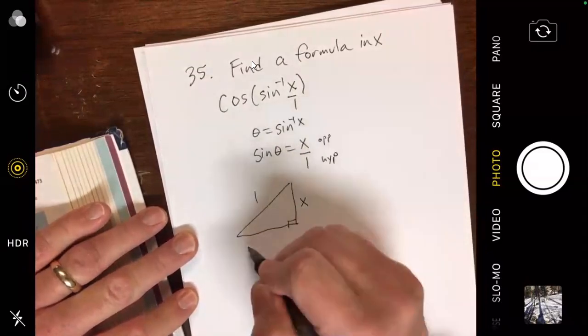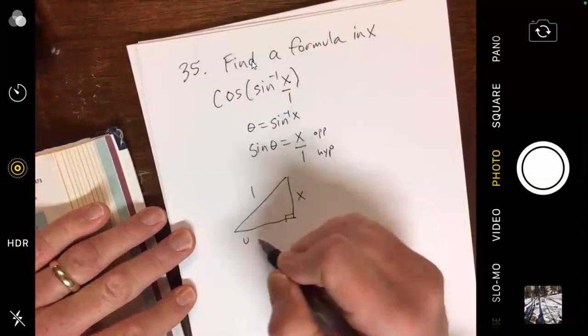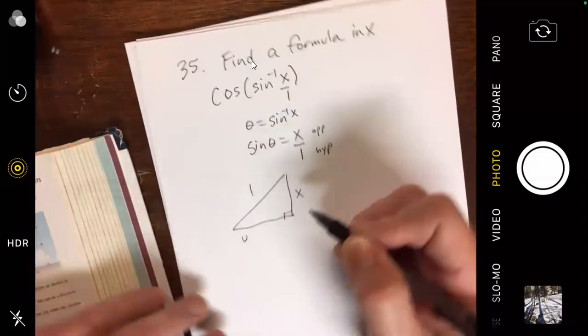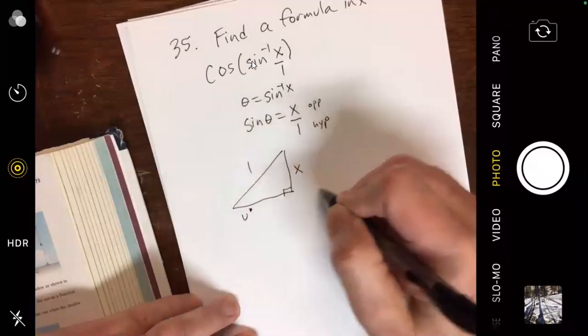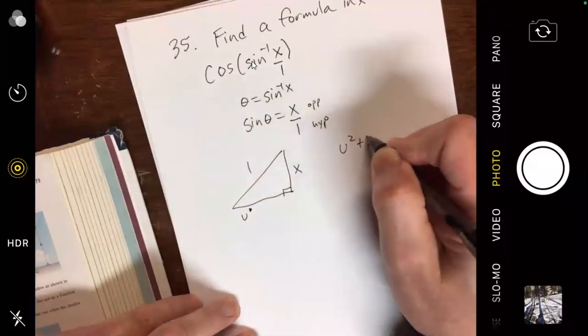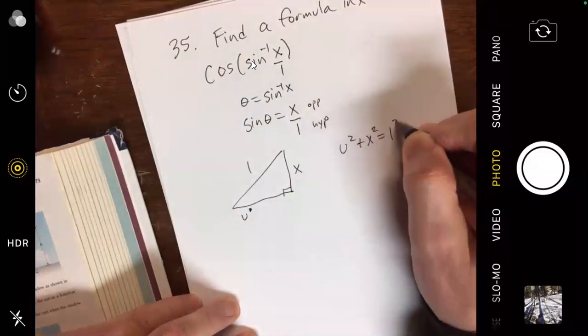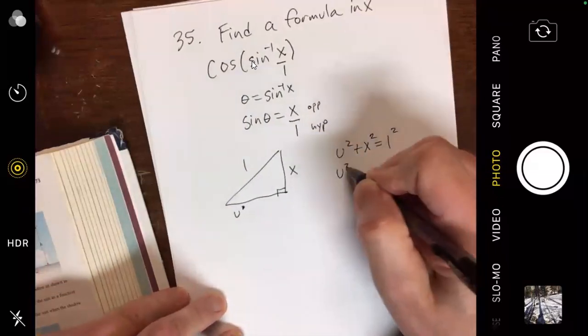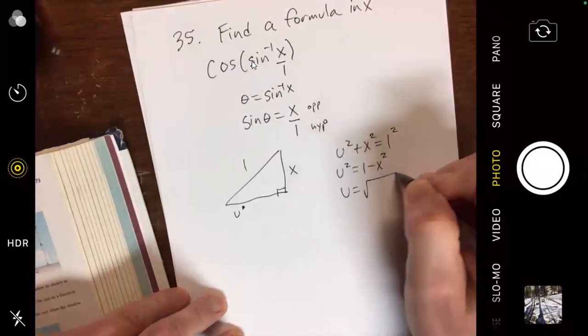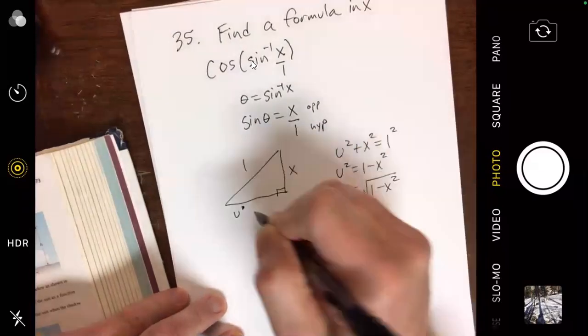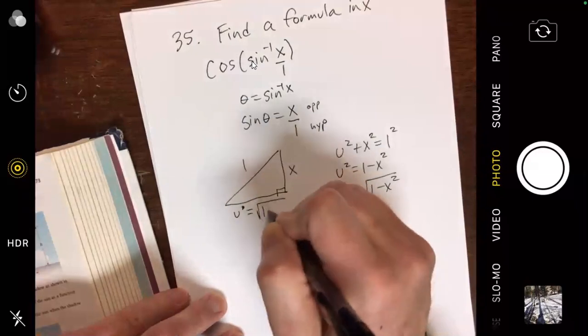Now, if you want to call the other leg U, it's not another X again. The legs aren't equal. So U squared plus X squared equals 1 squared. U squared equals 1 minus X squared. And U is the square root of 1 minus X squared. So that's the formula for the leg.